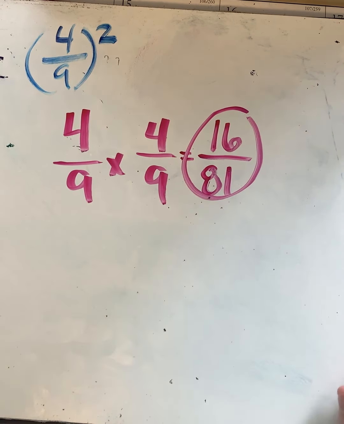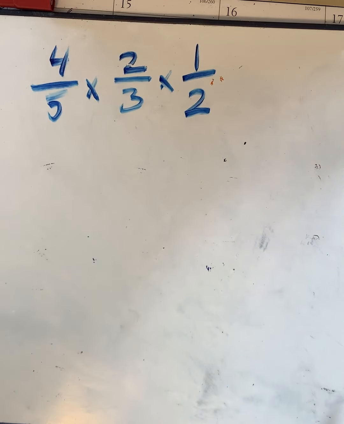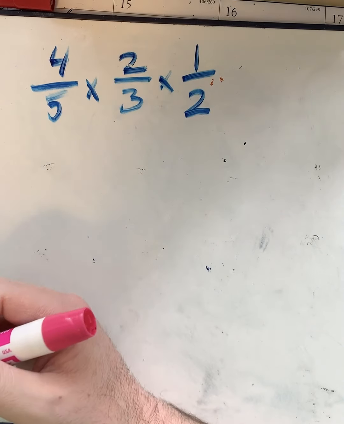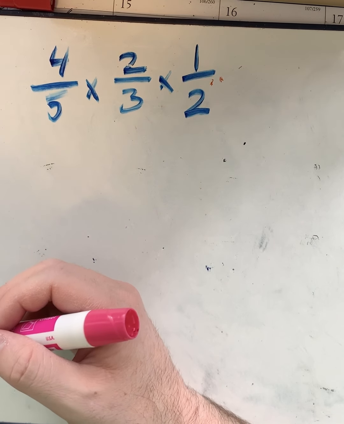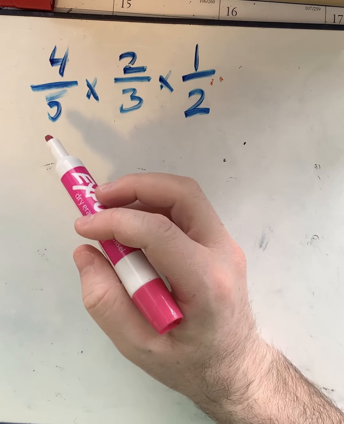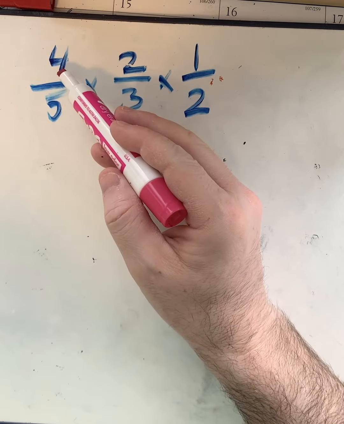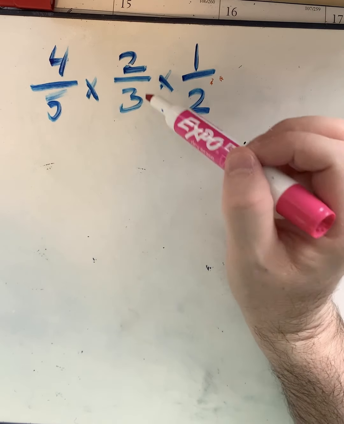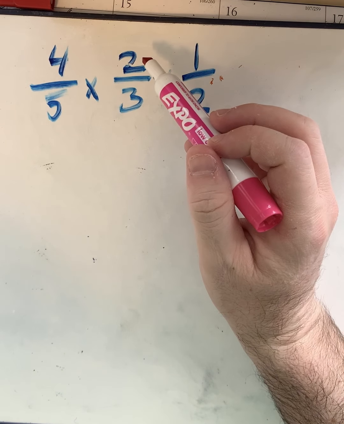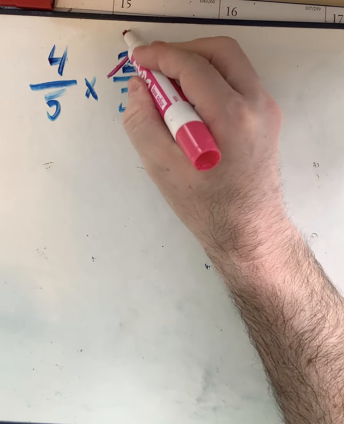The other one that sometimes people have trouble with is they wonder what would happen if I had to multiply 3 fractions. Well, it doesn't matter. The same process comes into play. But what you can do here is some cross-offs across the board. So for instance, I could take the 4 away and make it into a smaller number, or I could take these 2's away if I wanted to. So 2 goes into 2 once, 2 goes into 2 once.